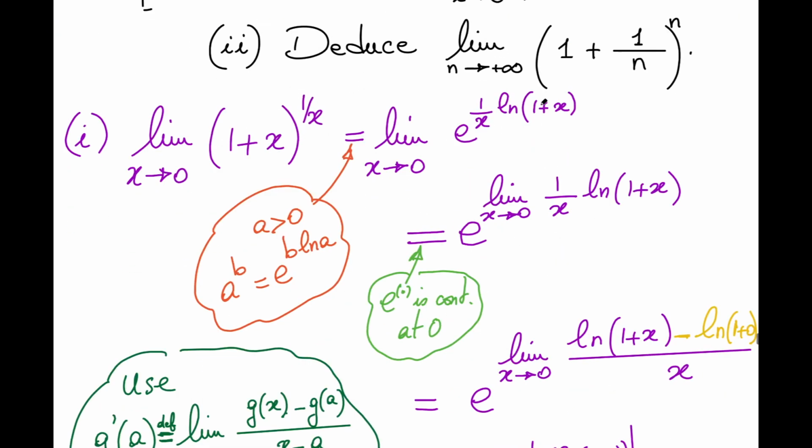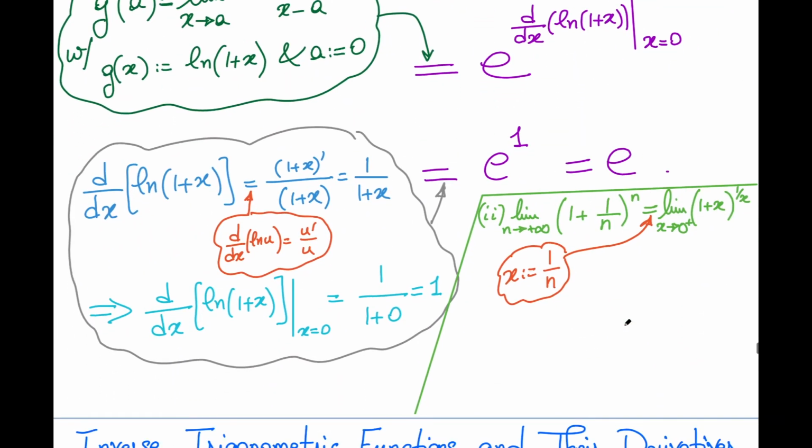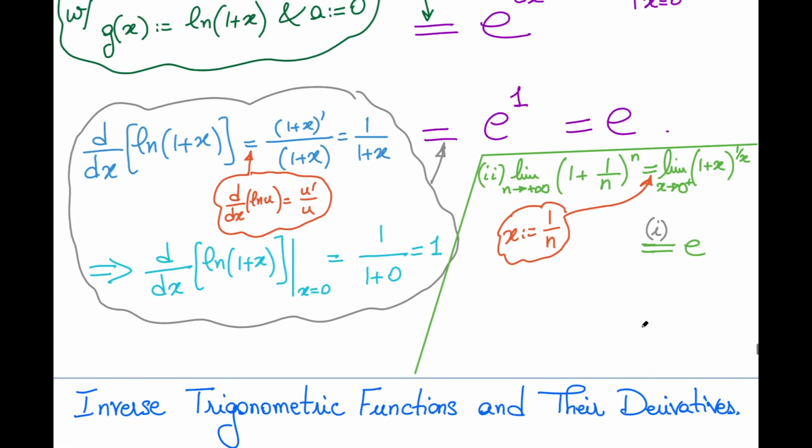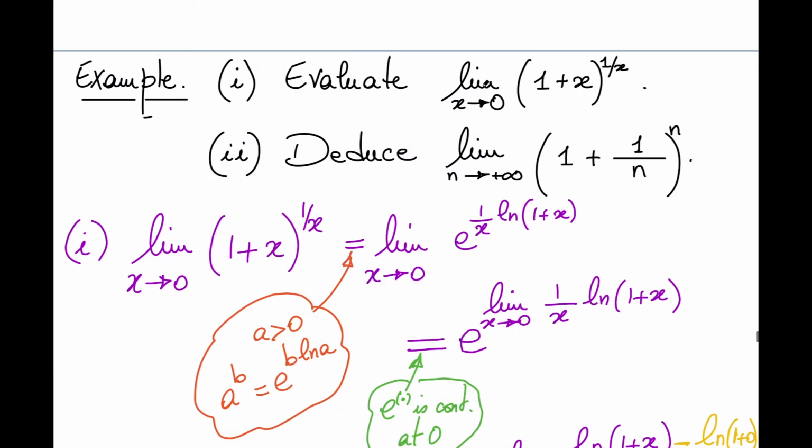And how much is this? This was e, right? So this is simply e by part 1. That's the deduced part. Okay, so this is short. All right, so we have two writings of e now, in addition to what we know. Both of these are actually e.